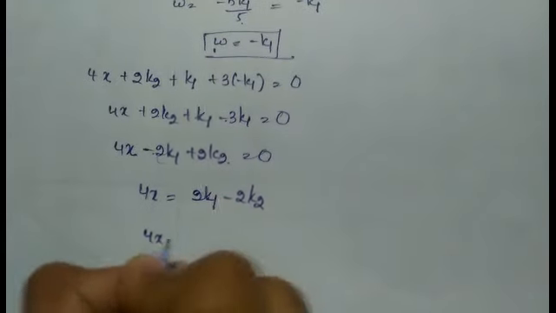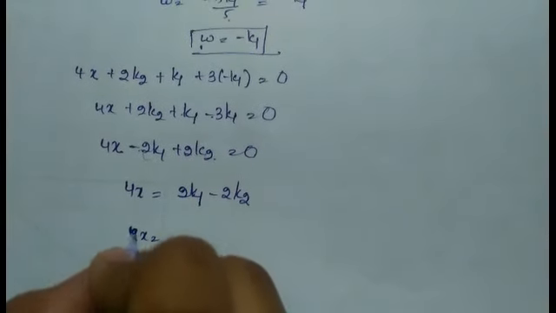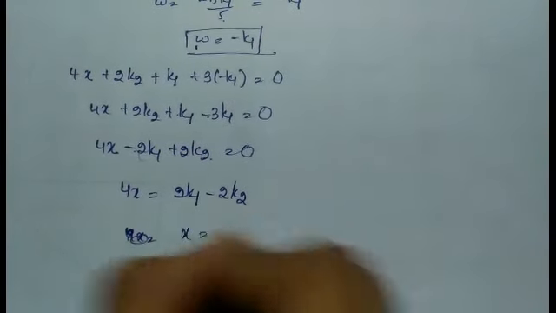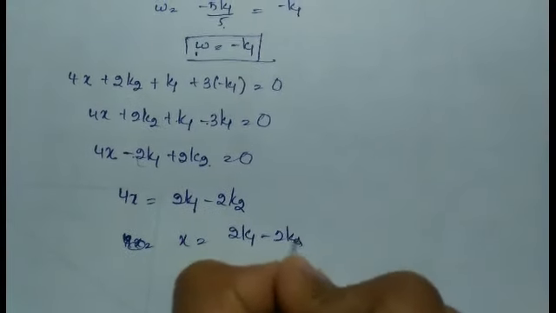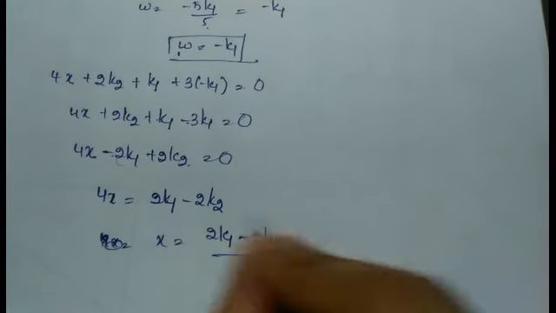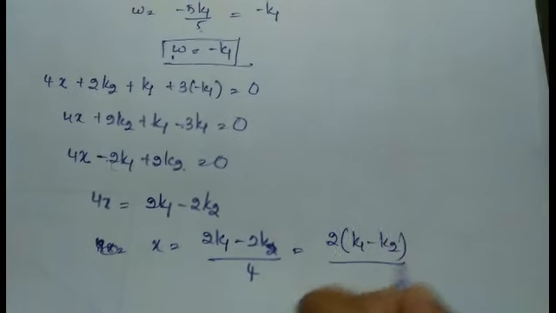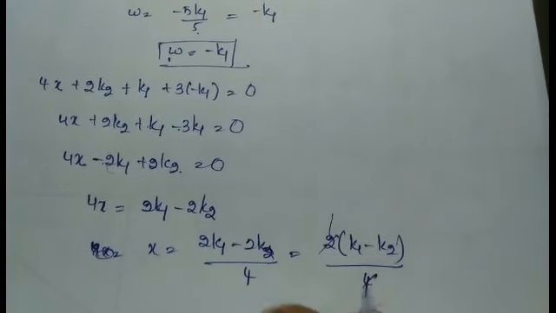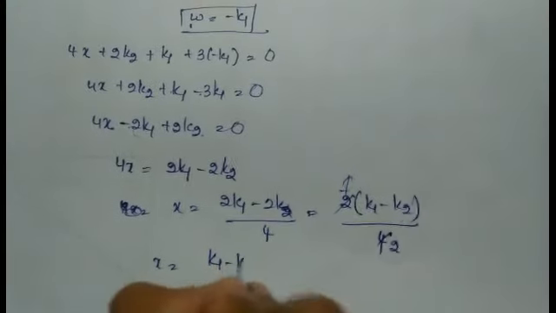Then 4x is equal to 2k1 minus 2k2, and sending this 4 to the right hand side, it becomes (2k1 minus 2k2) by 4. From the numerator I am taking 2 as common, then 2(k1 minus k2) by 4, 2 1s are 2, 2 2s are 4. Then x is equal to (k1 minus k2) by 2. This is the value of x.